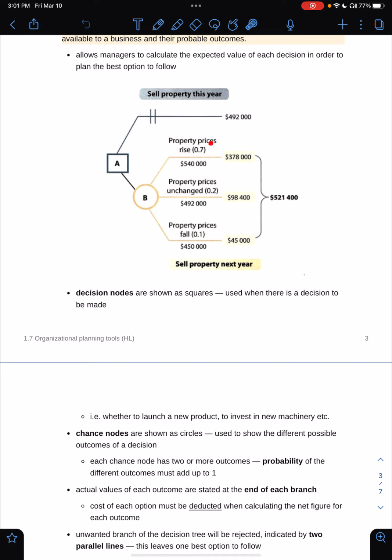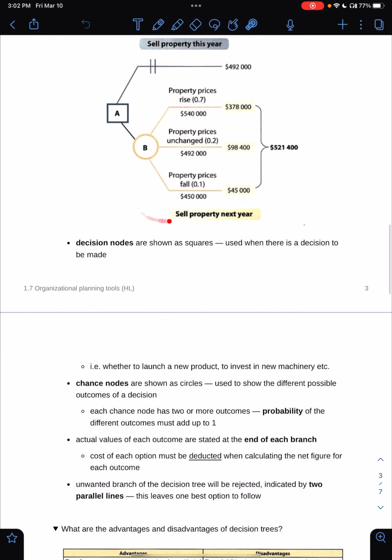The property prices might rise, the property prices might remain unchanged, or the prices might fall. And all of these have a probability of 0.7, 0.2, and 0.1. And again, all of these probabilities add up to 1. And so all of these are known as chance nodes.